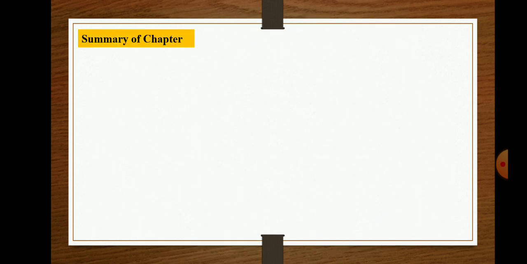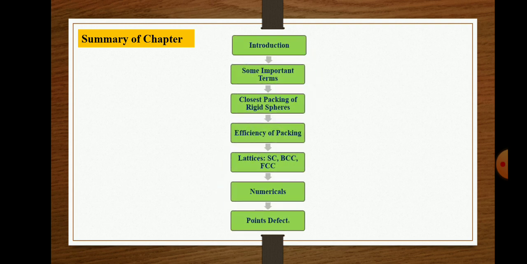Now the conclusion part of this chapter. Student, summary of chapter. We have to start with the introduction part. Then we have to complete some important terms. Then we have to understand closest packing of rigid spheres such as in simple cubic, body centered cubic, face centered cubic.